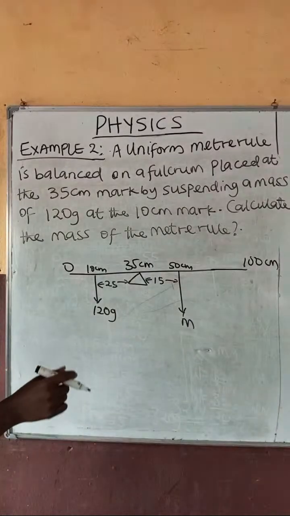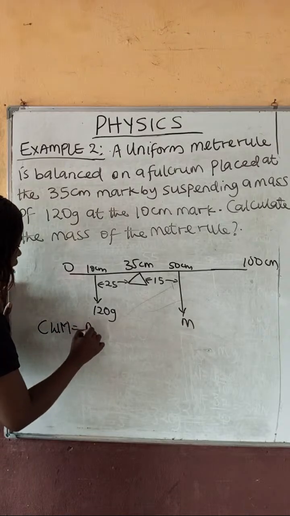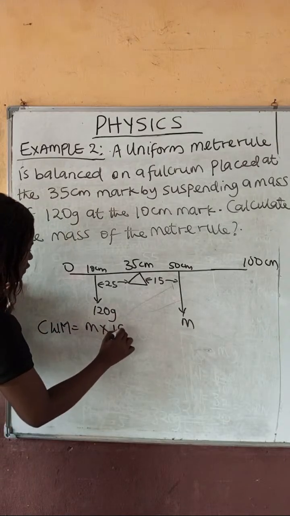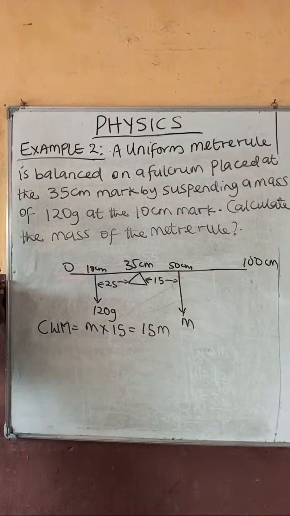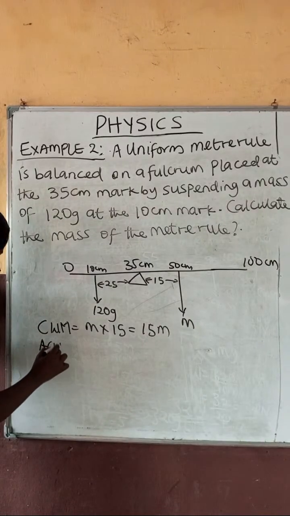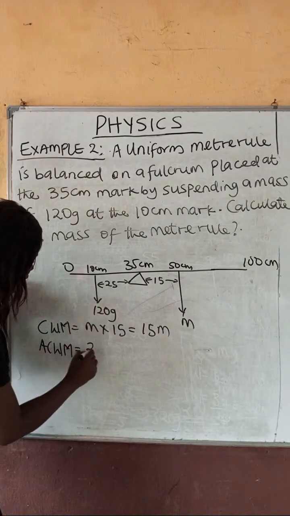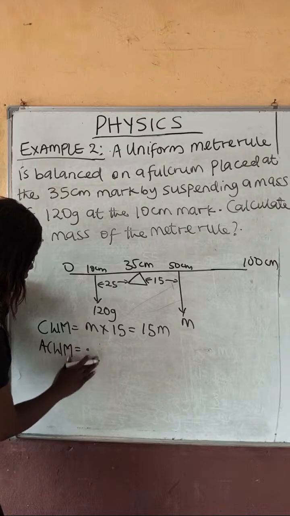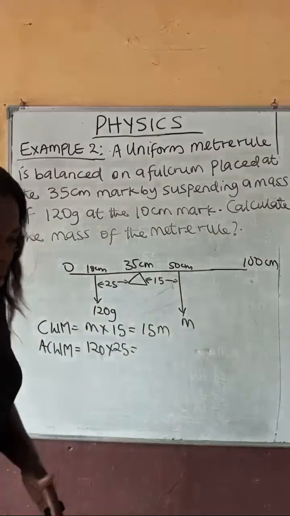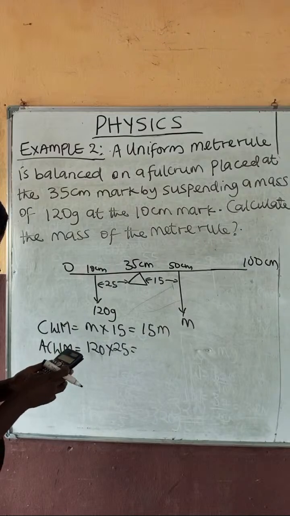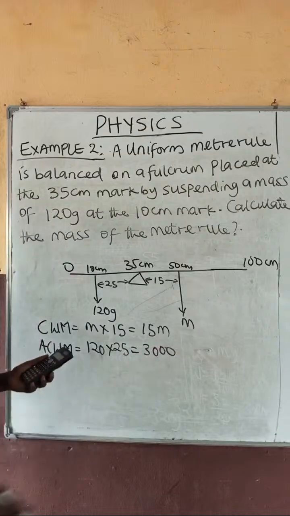Now, clockwise moment is equal to m times 15. That will give me 15m. Anticlockwise moment is 120 times 25. That will give me what? That will give me 3,000, right?